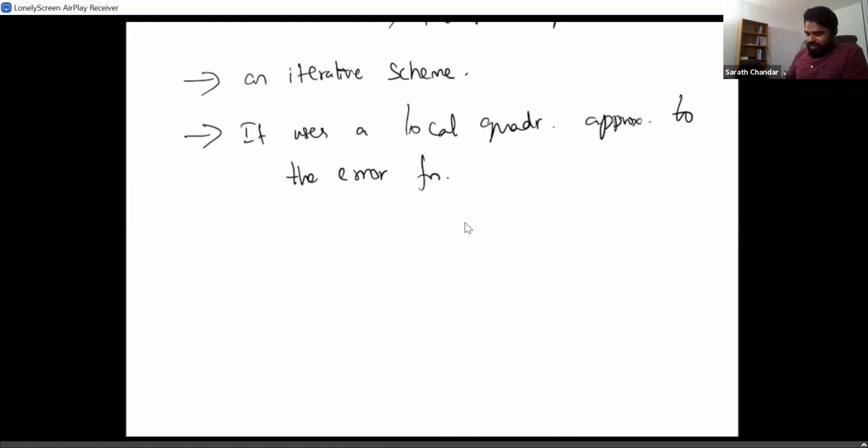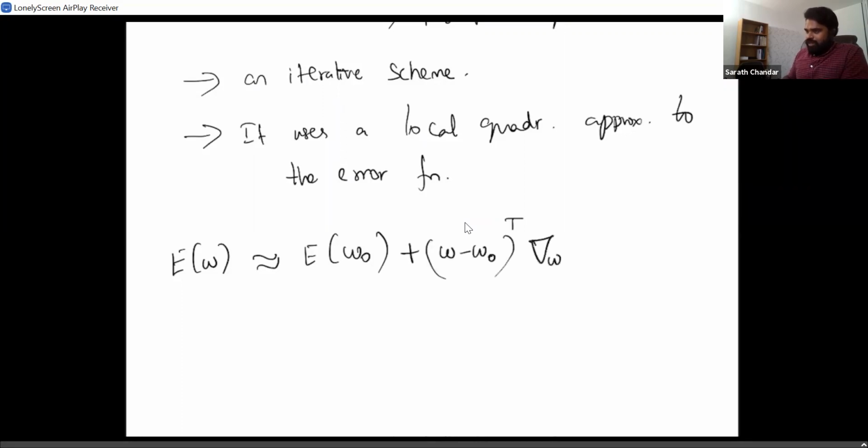Specifically, we are going to take the error function and expand it using the Taylor series. We are going to expand it and stop at the second order approximation. So E of W can be approximated as E of W0, at some point W0, plus W minus W0 transpose the gradient. This is the first order approximation.